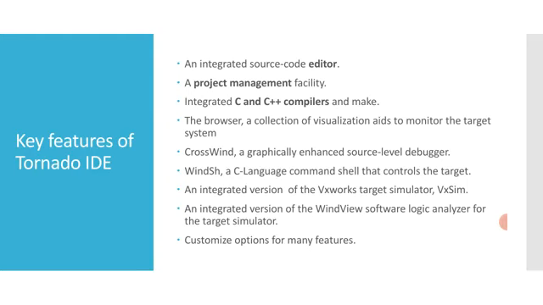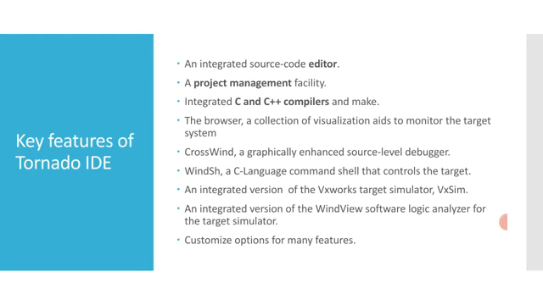The Tornado environment is designed to provide this full range of features regardless of whether the target is resource rich or resource constrained. Tornado facilities execute primarily on a host system, with shared access to a host based dynamic linker and symbol table for a remote target system.